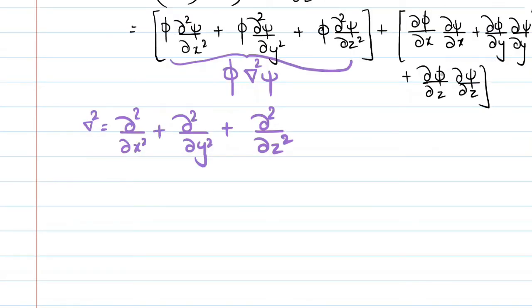And for these, what can we write? See, out of these three terms, one of the terms has differentiation with respect to x of phi and another of psi with respect to x. Then again, differentiation of phi with respect to y, then psi with respect to y. Then again, differentiation of phi with respect to z and that of psi with respect to z. It is a single order partial derivative.